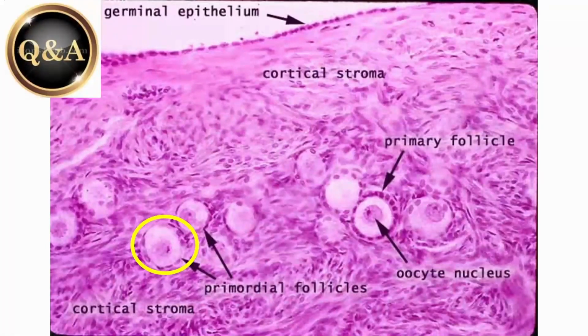This is a very early oval cell, and it is surrounded by a single layer of thin cells. Thin cells are called squamous cells. If you ask yourself how many layers are there, the answer is a single layer.